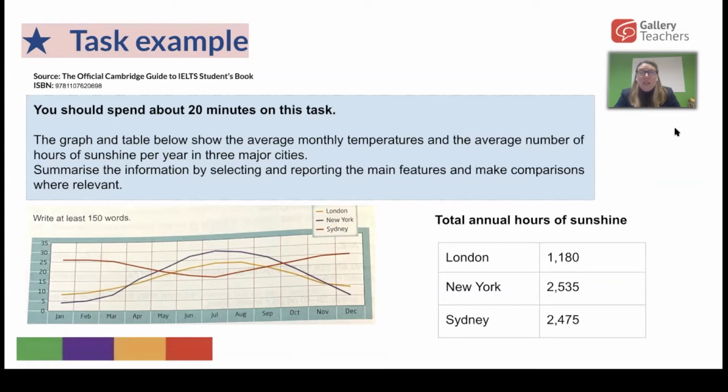We are going to do this in a smart way. SMART is specific, measurable, achievable, realistic, and time bound. This is a very important technique when it comes to IELTS, where timing really is absolutely everything. So I'm going to give you a smart minute just to have a read through this task. I will be timing you, and your minute starts now.